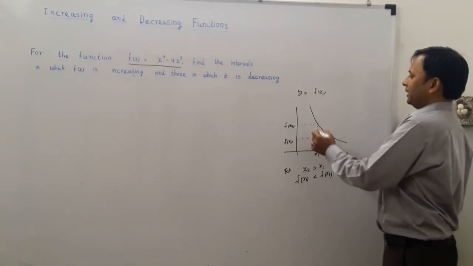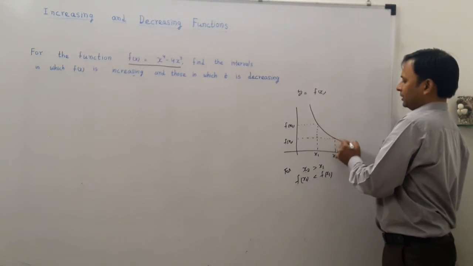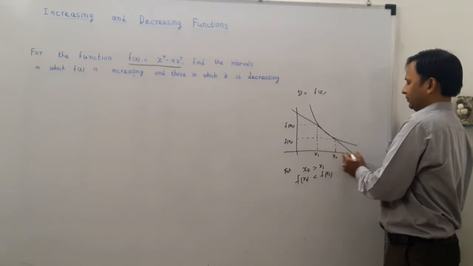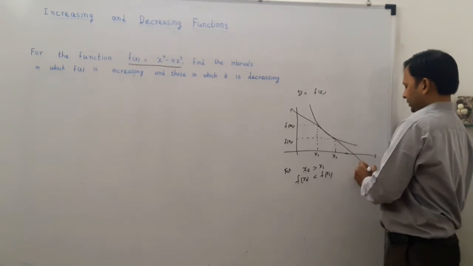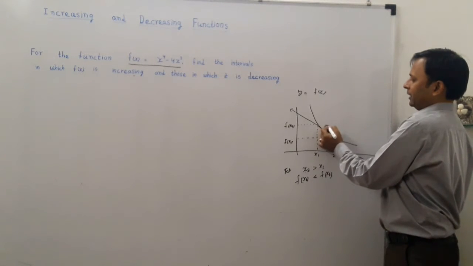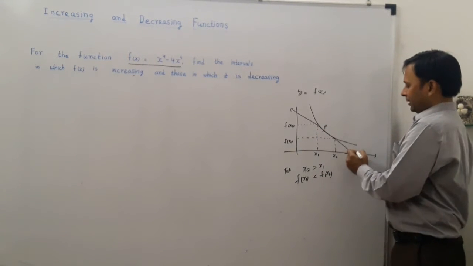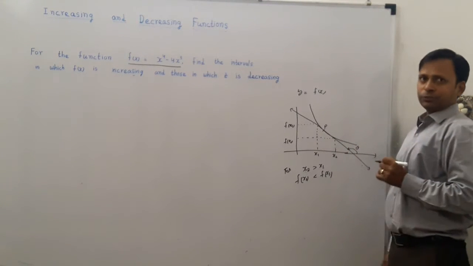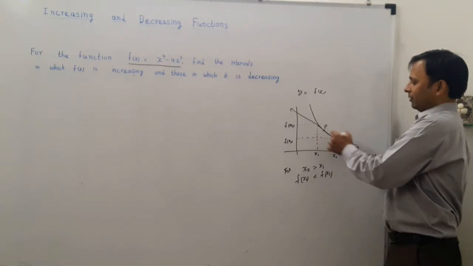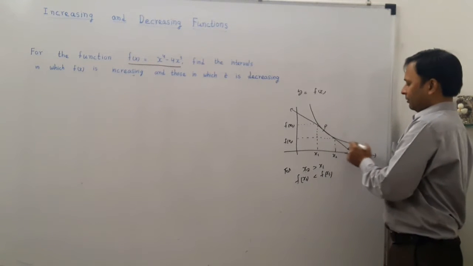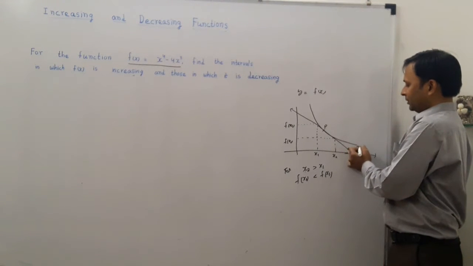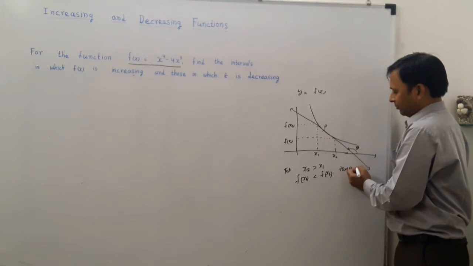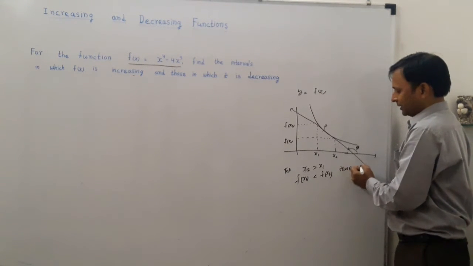Now if I draw a tangent to this curve at any point, this is the tangent line, let us say at the point P, and let us say this tangent makes an angle theta. Now this theta will always be obtuse for a downward sloping function. Since this angle is obtuse, tan of theta will be negative. Tan theta is less than 0.